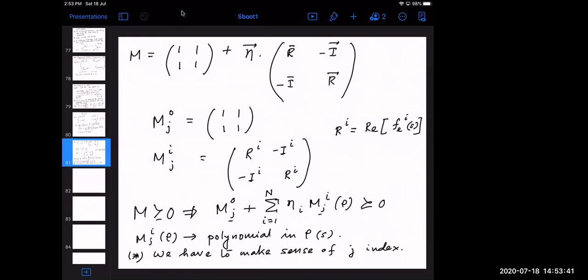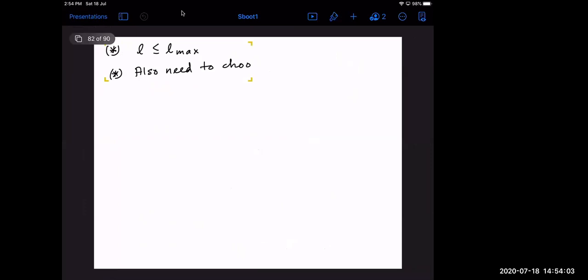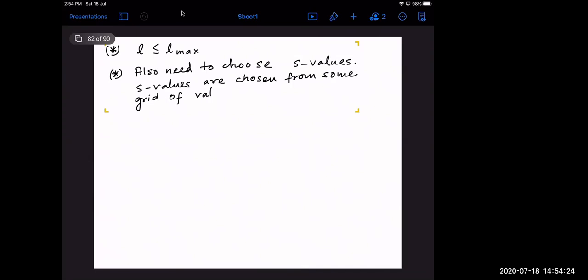Of course, you choose, we are told that L is chosen to be less than some cutoff L max, and you also have to choose S values chosen from some grid of values.